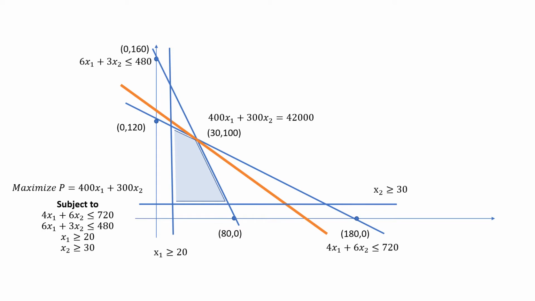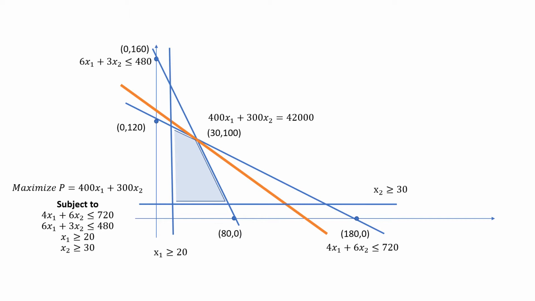The graphical representation. We had the two lines that we had to be less than or equal to, and two lines that were greater than or equal to. So our feasible region was this four-sided thing. And when we saw it, we had this line, which was the various values of our profit.